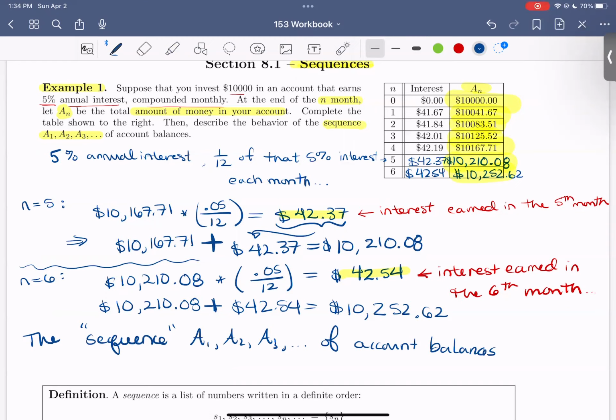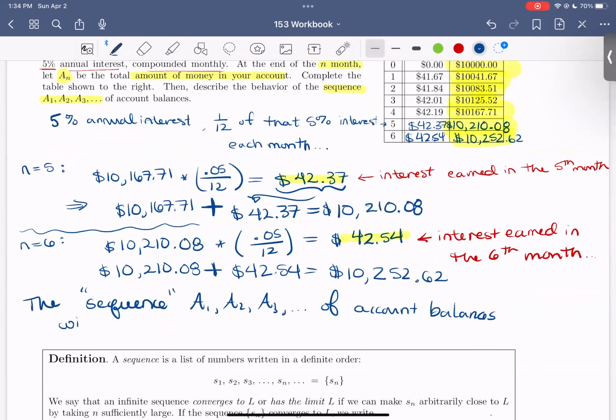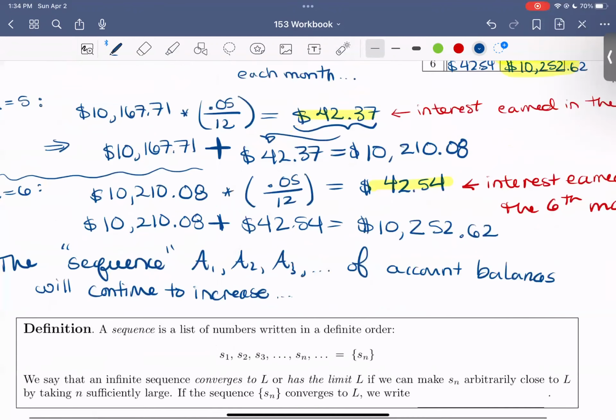Or does it not always increase or decrease? Well, since each month we're adding more interest into our account, these numbers always increase. So these account balances will continue to increase because each month we are collecting more interest.